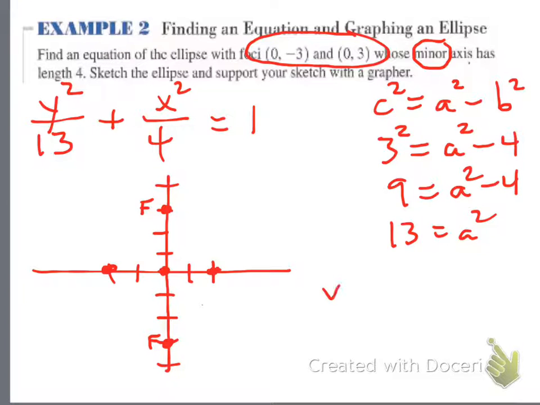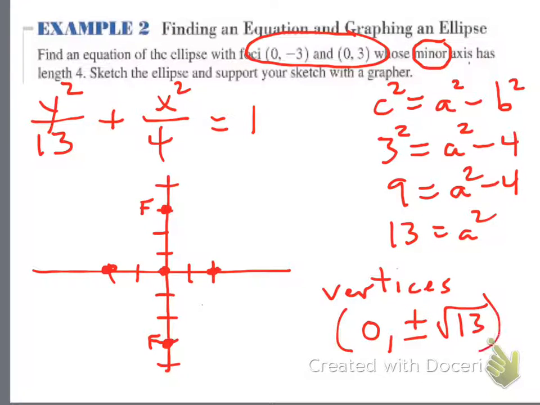Now our vertices are 0, plus or minus radical 13. The square root of 13 is a shade under 4, so we'll just estimate here. And now here's our ellipse.